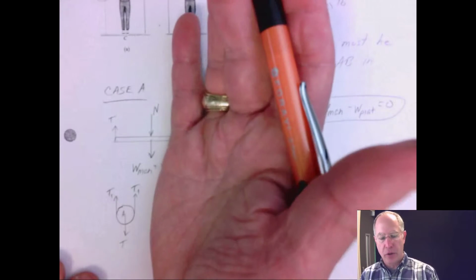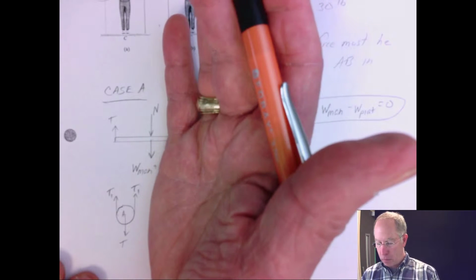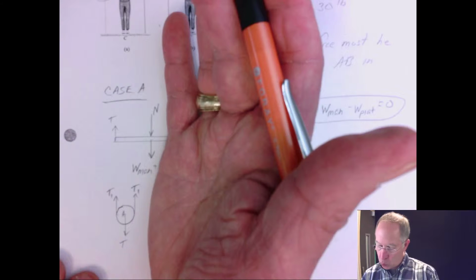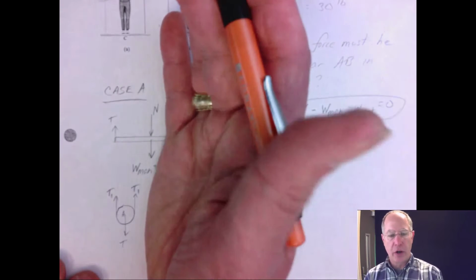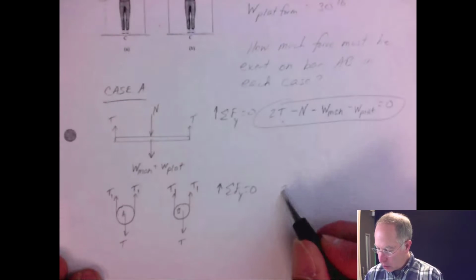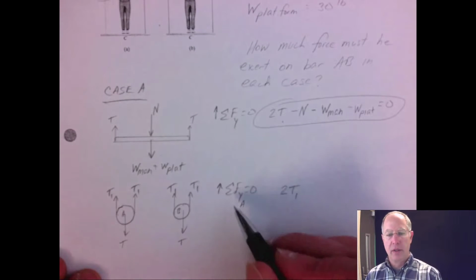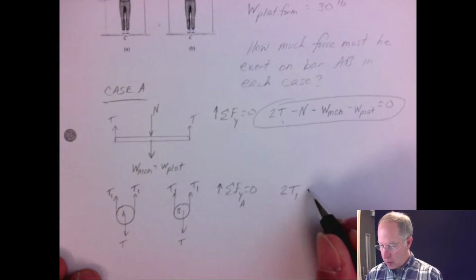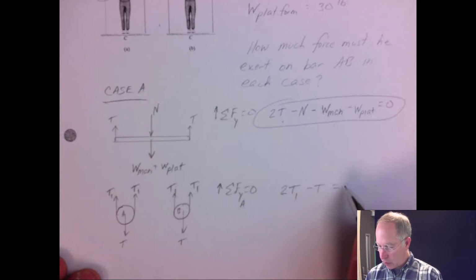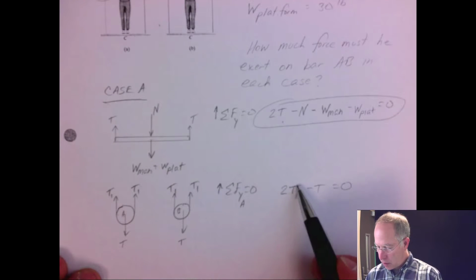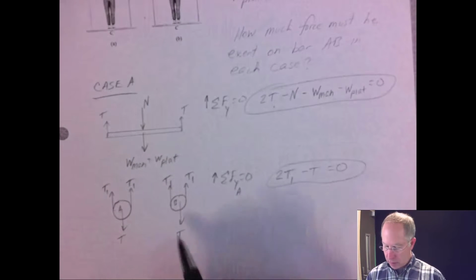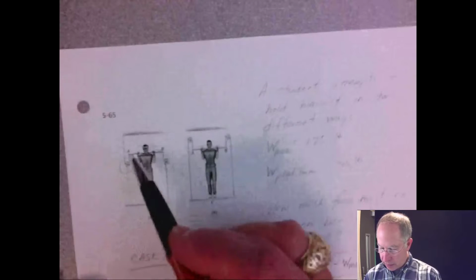These are symmetrical. So let's just do one of them to get our equation. We have 2T1, let's just say about pulley A, 2T1 minus T equals 0. All right, cool.